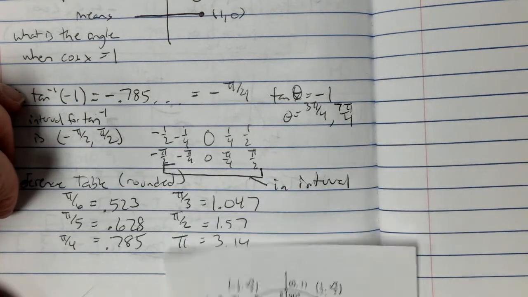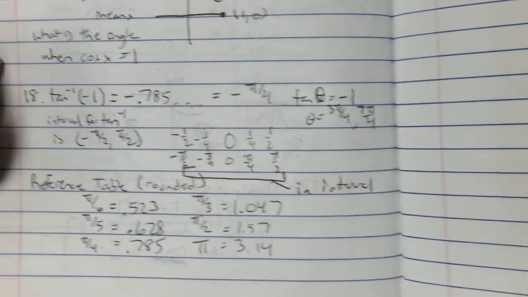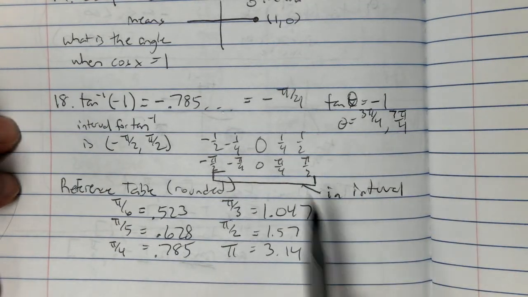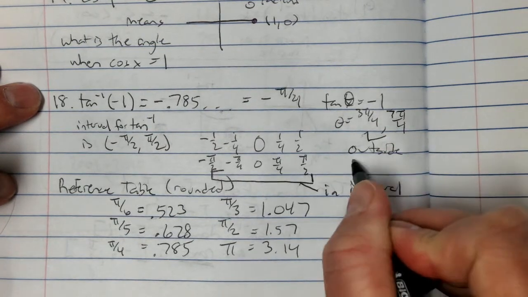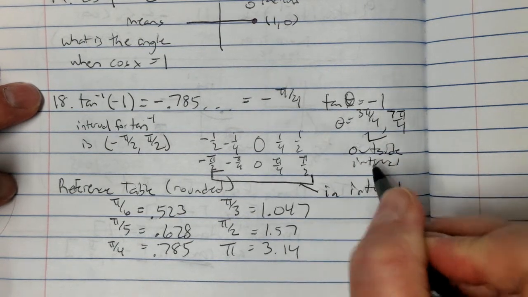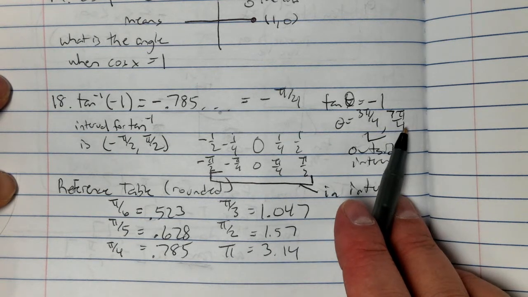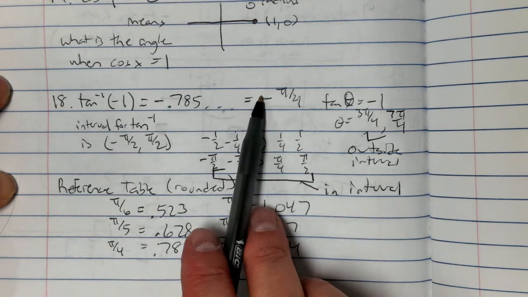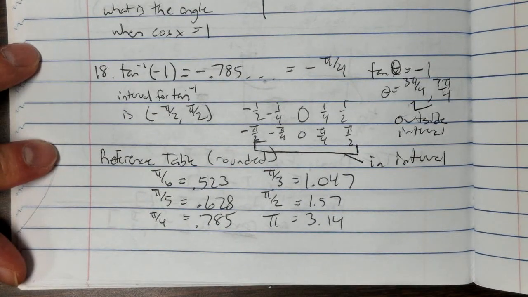Now the problem with using the unit circle in that case is both 3 pi fourths and 7 pi fourths are outside the interval. And so you have to use the coterminal angle to 7 pi fourths, which is just negative pi fourths. Any questions about that? Okay.